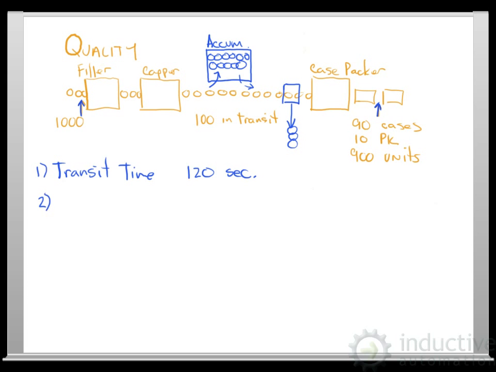Two is we can have inspection station counters. And they work the same way as the production counters. And we can count how many have been rejected. We can have multiple inspection stations. We can total those up and use that for our waste calculation.